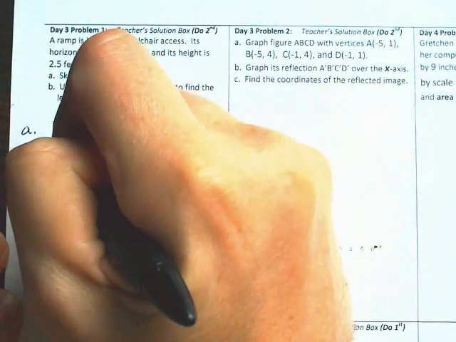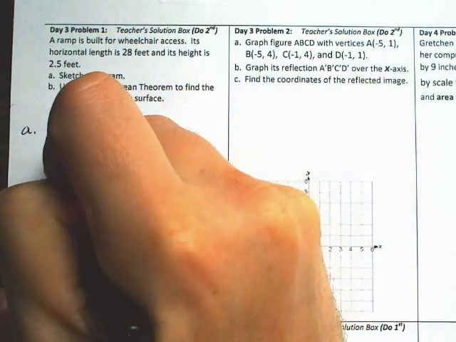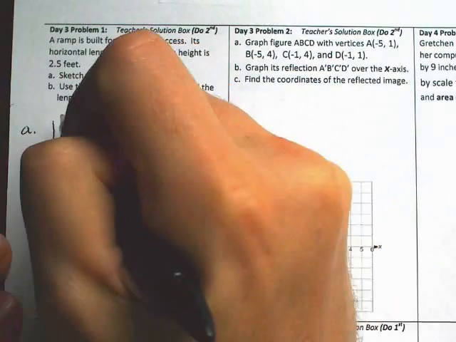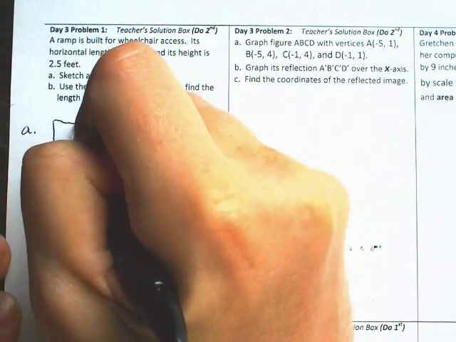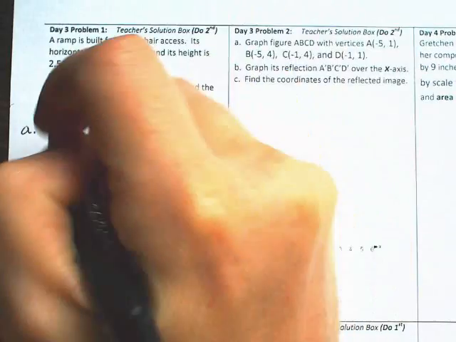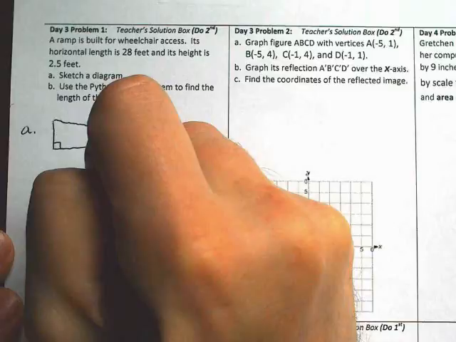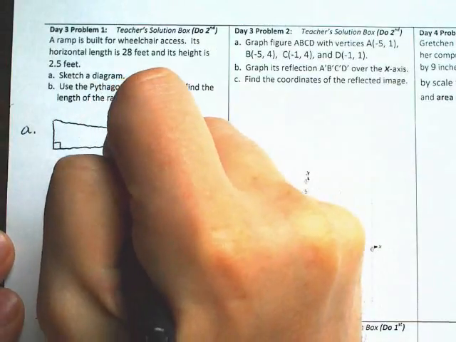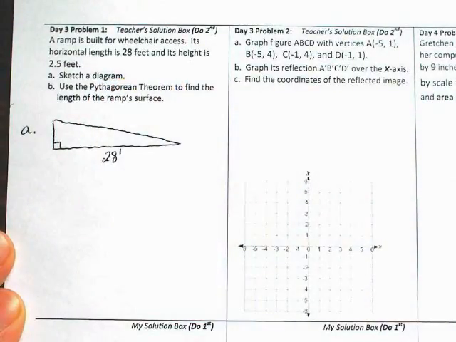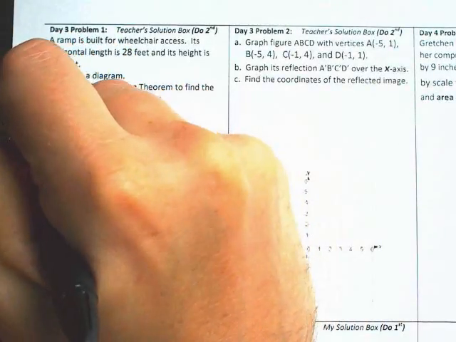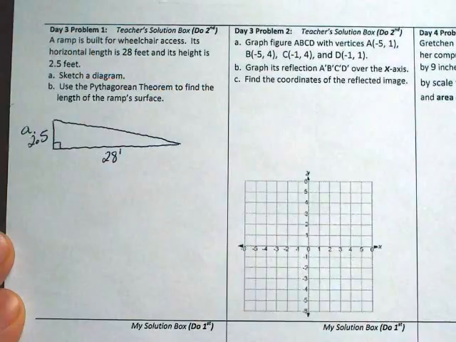So here is the height, and then this horizontal line might be ground, and then the ramp itself would be the diagonal side of a right triangle. We are told that the horizontal length is 28 feet, so 28 feet across the bottom. The height is 2.5 feet, and so this side here is 2.5.